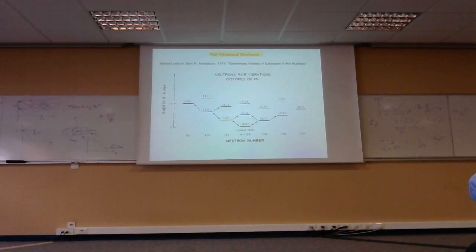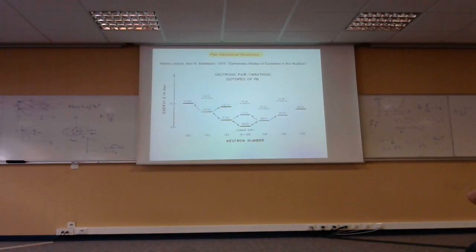So the energy now, as we argue, is characteristic. We will pick up again this afternoon on this, but essentially if you are near lead 208, we talked about a phonon.